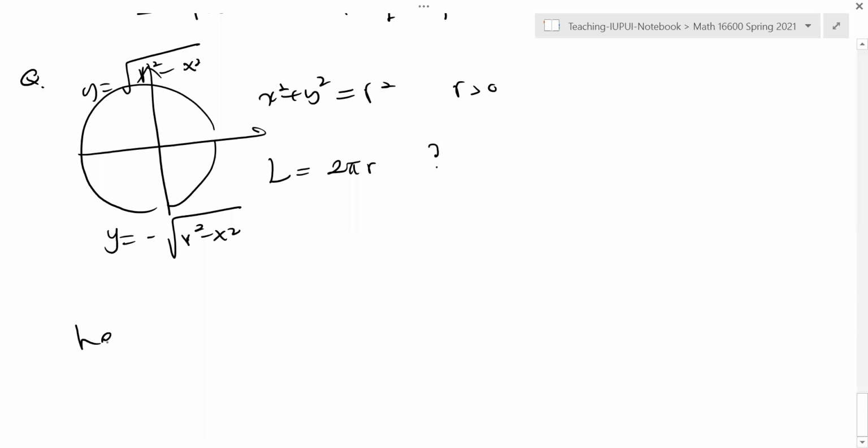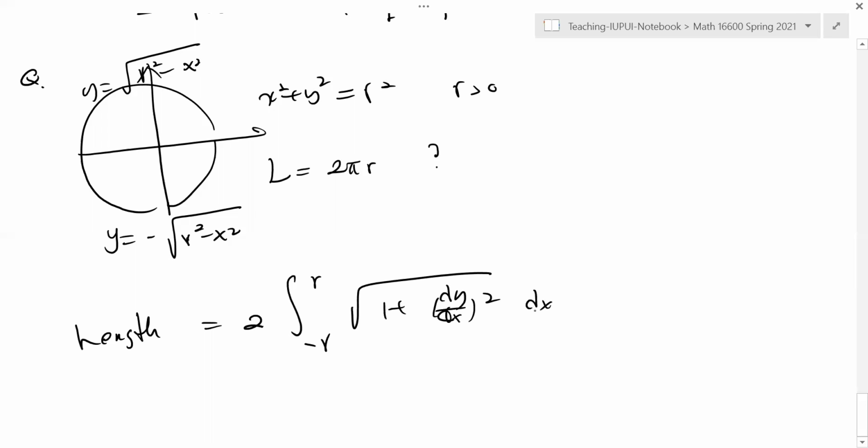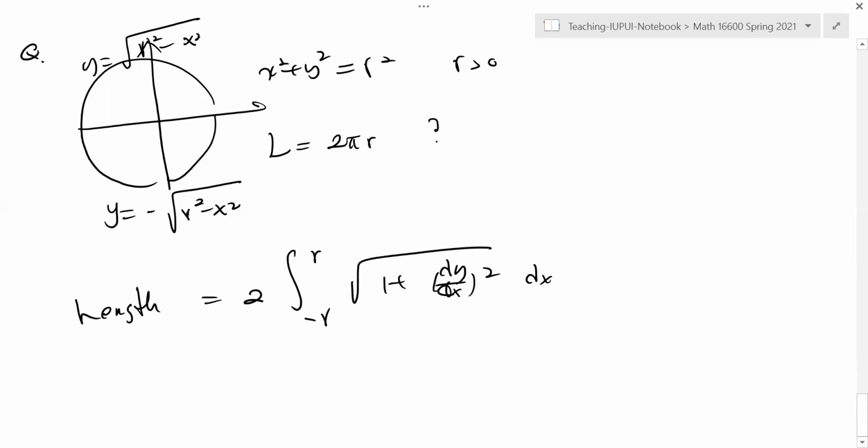So the length, which is called the circumference, is going to be twice the length of a semicircle. The upper semicircle goes from negative r to positive r, the integral of square root of 1 plus (dy over dx) squared dx, right? You can use this formula to set up the integral. I'm not sure we're able to evaluate it, but let's set up the integral.